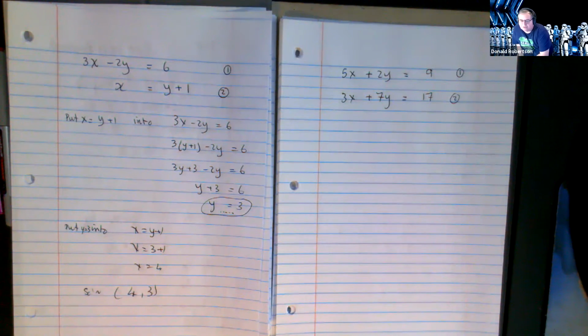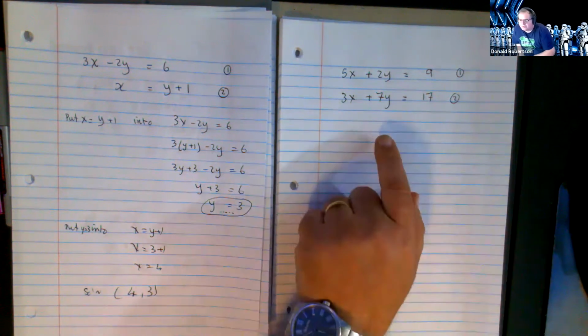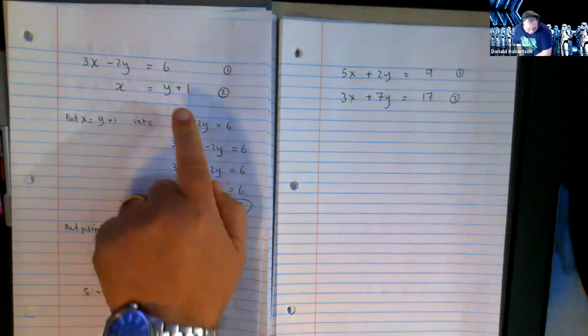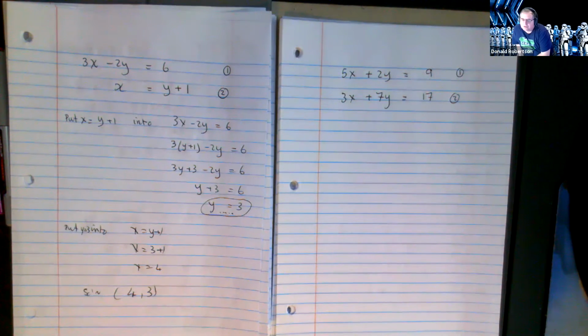There isn't an easy way to change one of these, say, into a y equals, or for that matter, excuse me, an x equals. So the substitution method isn't going to work. If you know the substitution method isn't really viable, then you go for the second method.